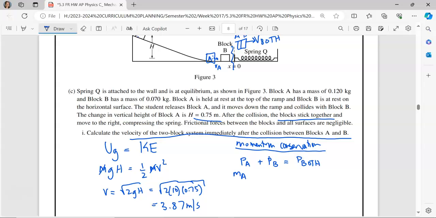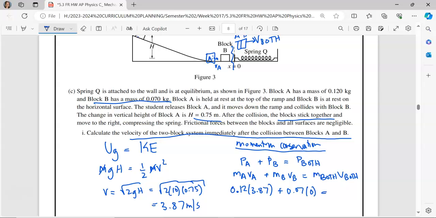It's going to be mass of A times velocity of A plus mass of B times velocity of B equals mass of both times velocity of both. Mass of A is 0.2 times, we just found the velocity of A to be 3.87, plus mass of B is 0.7 times, it is initially at rest, so just 0.